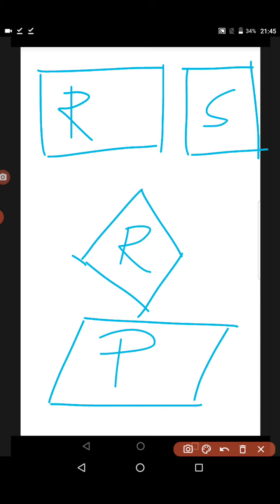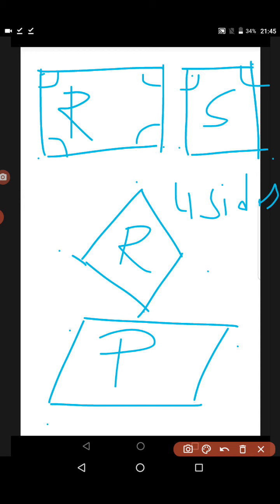What do you find similar in all? We find four sides: 1, 2, 3, 4. Here we find four sides. And for angles we will check: 1, 2, 3, 4.